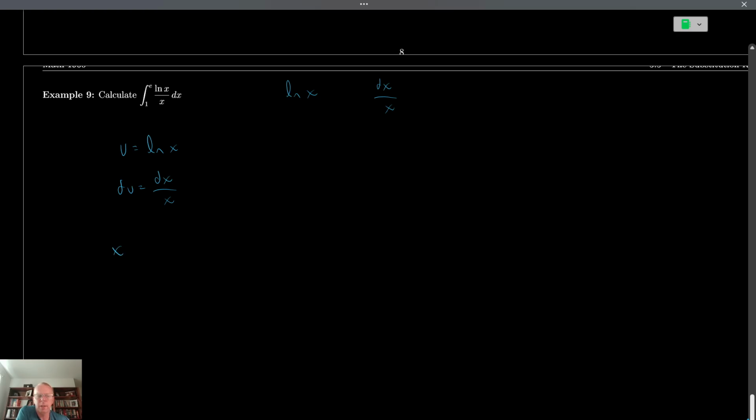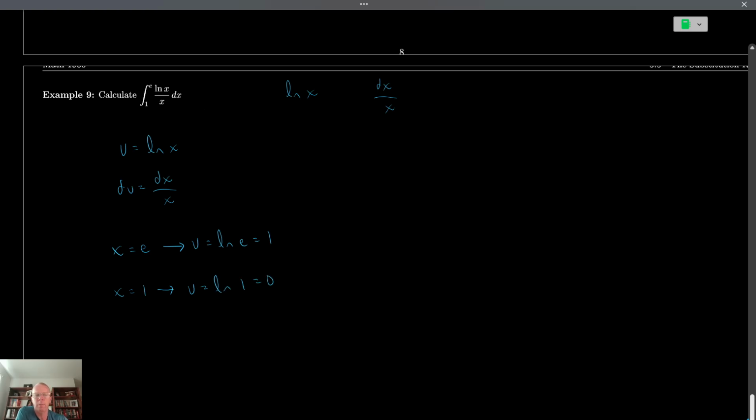Let's look at the limits of integration. So we have x equals e, x equals 1. So when x is e, u is ln of e, which is 1. When x is 1, u is ln of 1, which is 0.